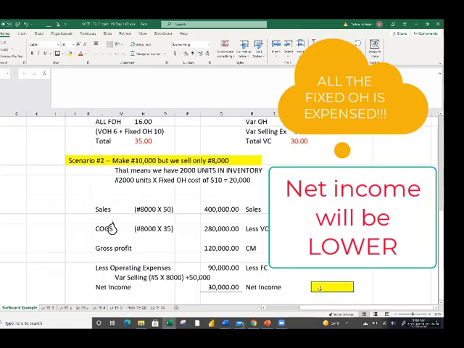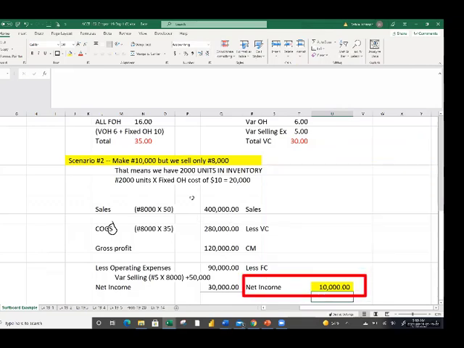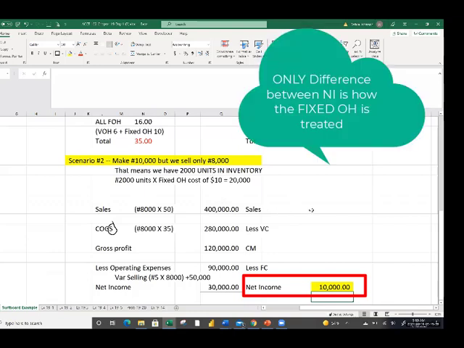So I'm predicting right now, before I even do this income statement, my net income is going to be 10,000. Why? There's 2,000 units sitting in inventory using traditional GAAP costing, but those same units are expensed using direct costing. The only difference between these two methods is how that fixed overhead is treated. Okay, so let's go prove it to ourselves. But again, please ask questions if you have them.